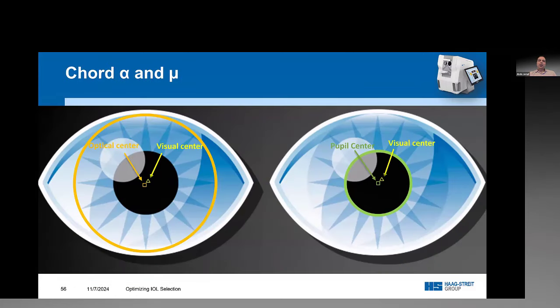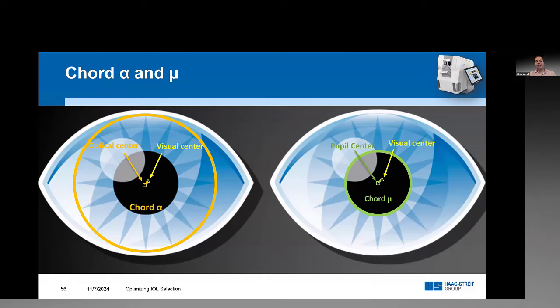Chord alpha and chord mu are another way to represent decentration. But here we measure these values from the OCT image, whereas with angle alpha and angle kappa, we measure these from the infrared camera image. So this is the only difference between the two.